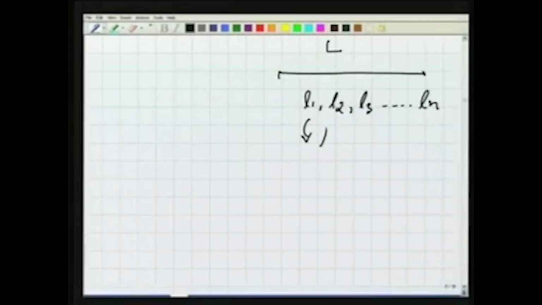We take many observations. From these observations, I can find L bar, the mean of these, as well as the sigma, the standard deviation. You know how to compute the standard deviation.